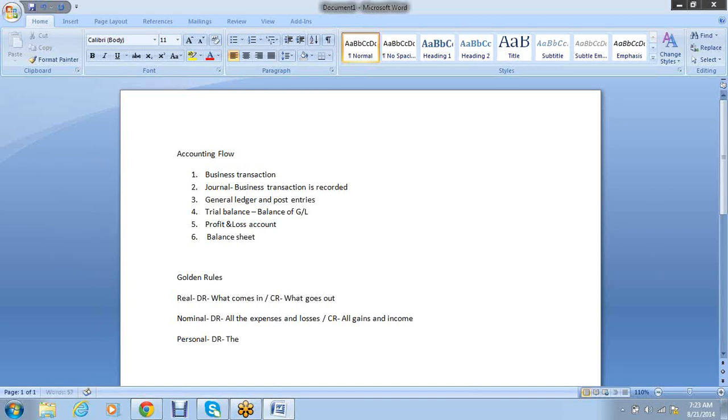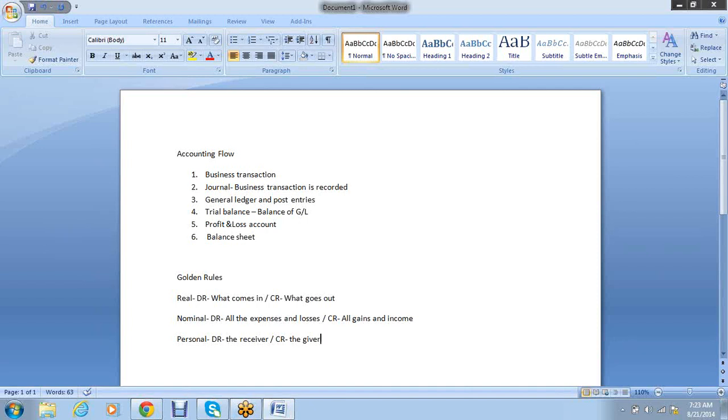For personal accounts, debit the receiver and credit the giver. Your complete accounting is based upon these golden rules, and this is standard throughout the world, here in India, the US, wherever you go.